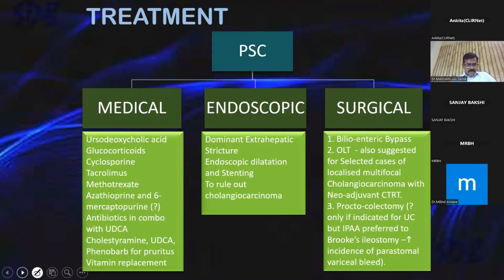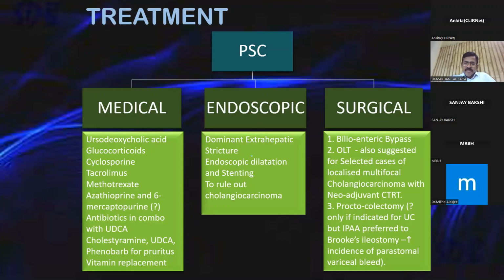variceal bleeding. So the treatment is as follows: medical, you can use UDCA, corticosteroids, cyclosporin, tacrolimus, methotrexate, azathioprine, and 6-mercaptopurine. Antibiotics in combination, cholestyramine, phenobarbital for pruritus, vitamin replacement.